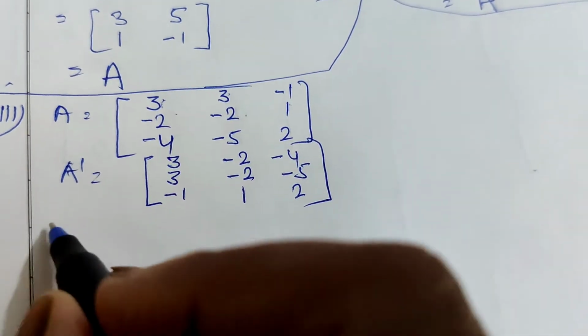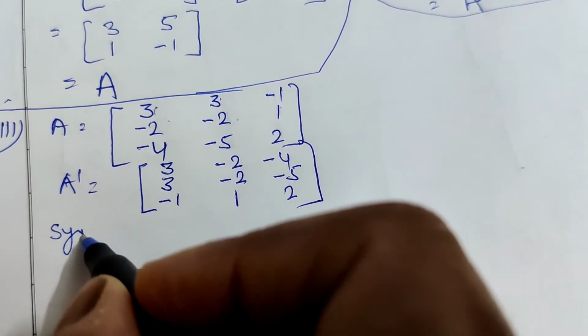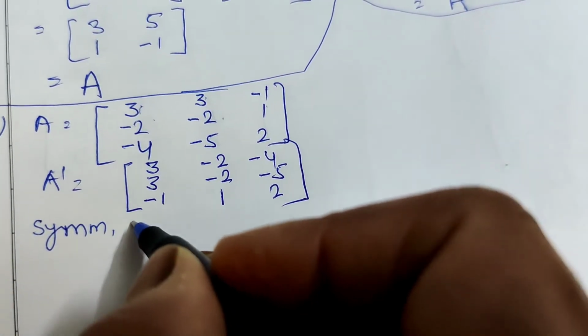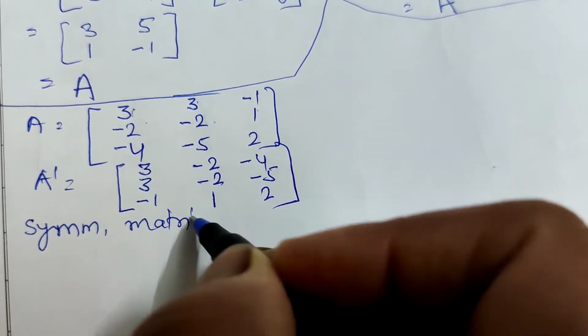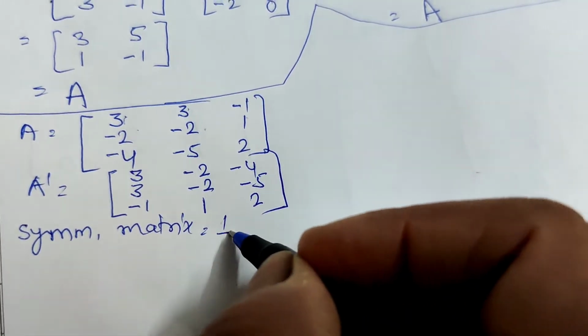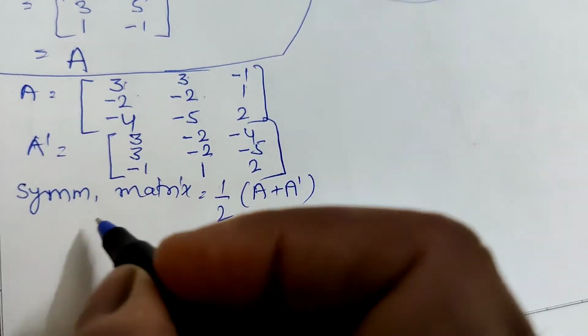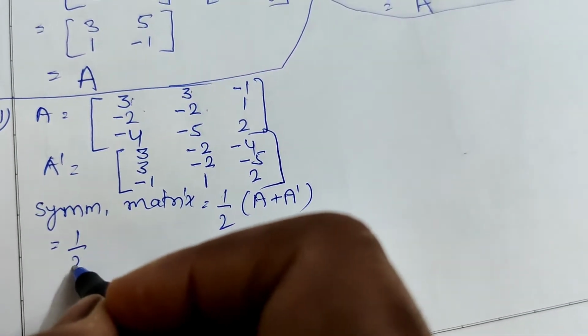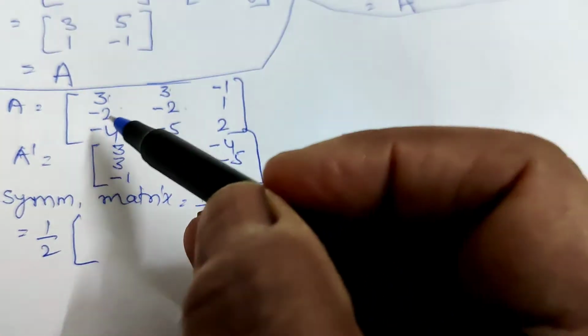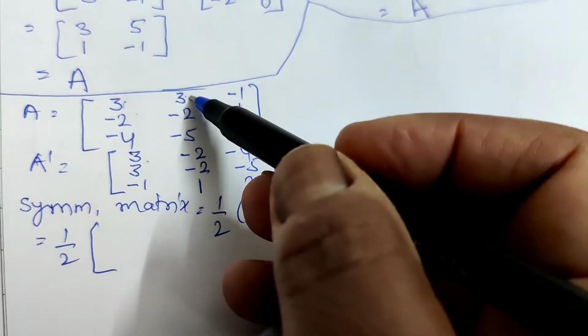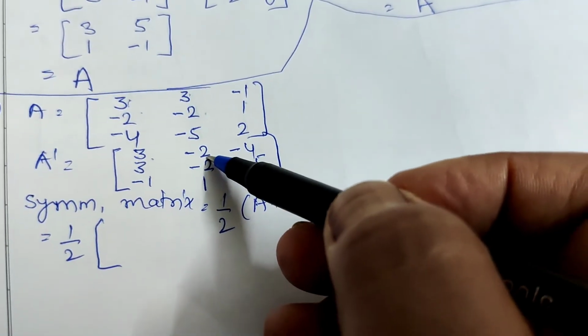Again for the symmetric matrix, add half, 1/2 addition of A plus A dash. Now add the elements. 3 plus 3, 6. 3 minus 2, 1.